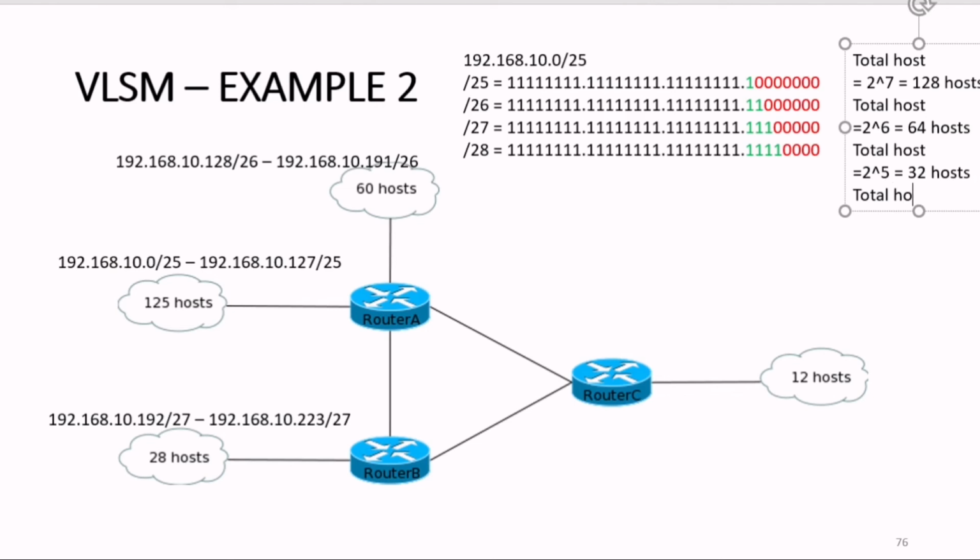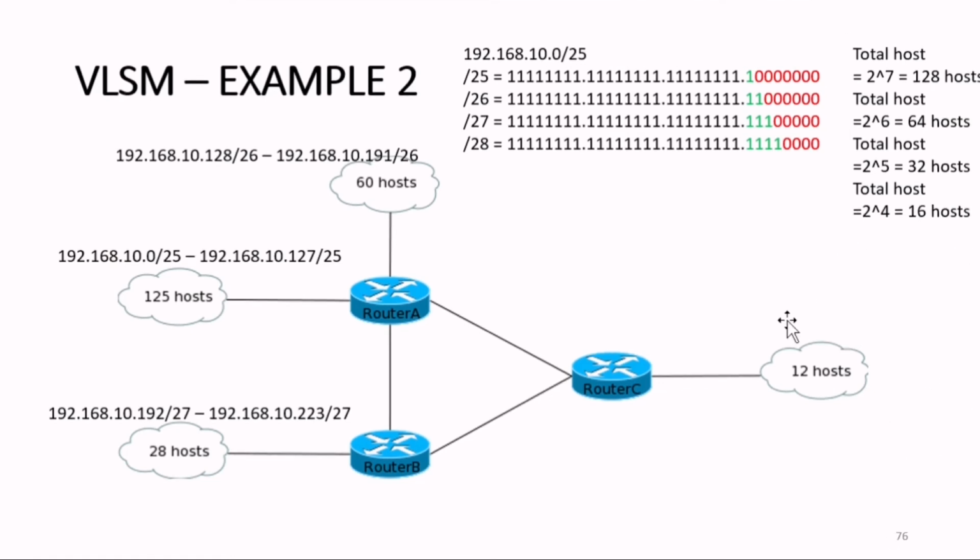For slash 28, you use 4 bits for the host, so 2 power of 4, you'll get 16 hosts max. For this local network, 12 plus 1 router interface plus broadcast address and network address, so total of 15. So you can use this slash 28.